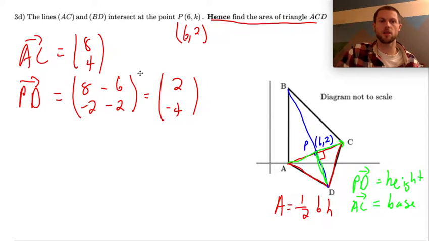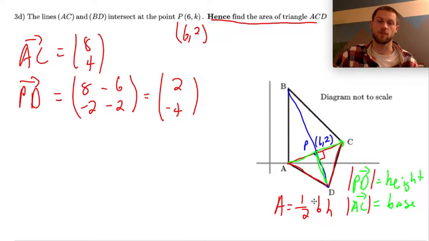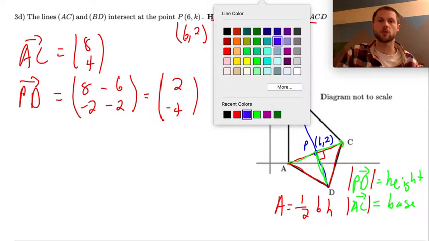So basically these are the vectors that I need to use. And really one thing that I should have added over here is the vector PD is the vector of my height, but I needed the magnitude of both of these line segments to actually find what the area is. Right now they're vectors. I'd like to know the size of these things. So let's find the magnitude of AC. Let's find the magnitude of PD.